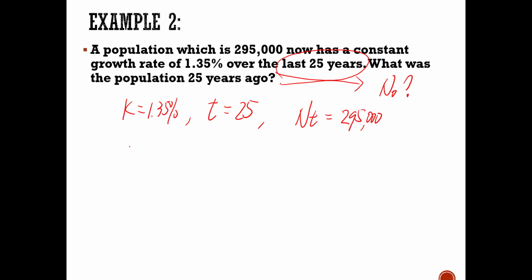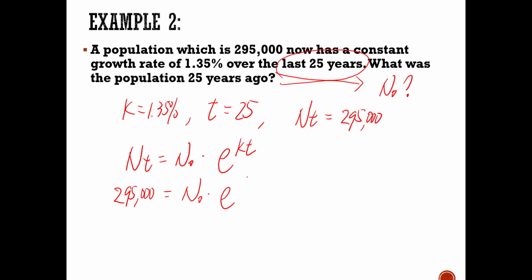All right. So apply the formula NT equals N0 times E to the KT. We're just plugging in all the given numbers. NT is 295,000. E to the K, which is 1.35%, times T, that's 25. And we are trying to solve for N0, so all you have to do is get N0 by itself.